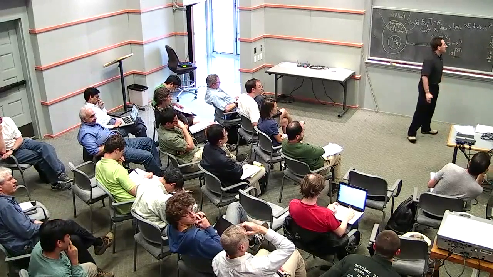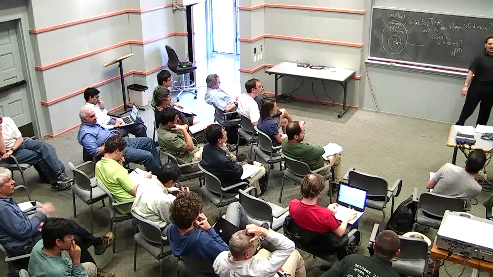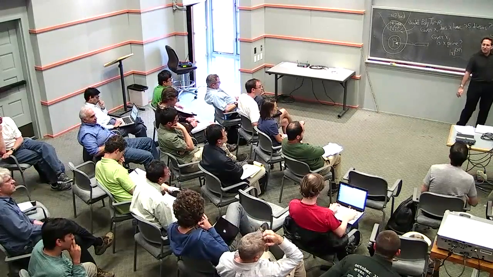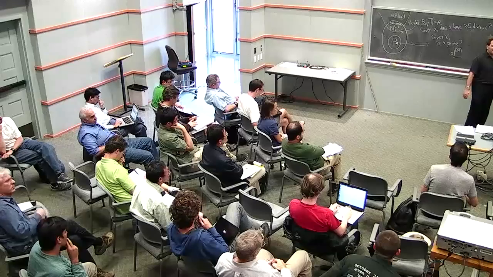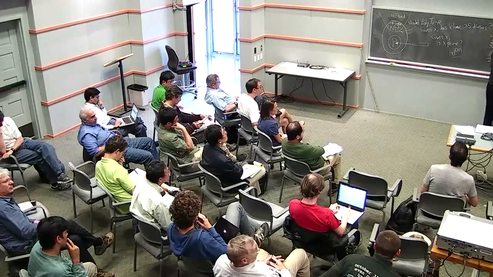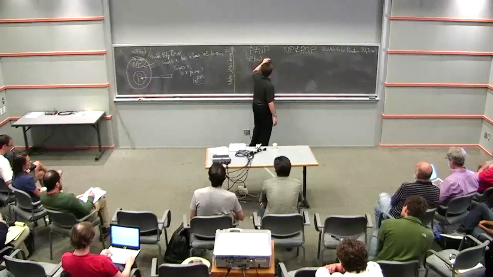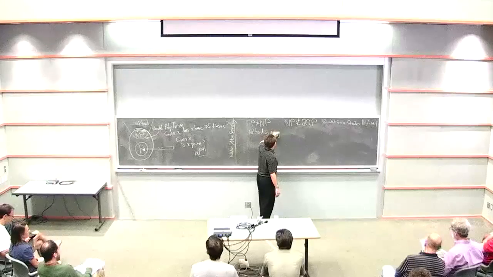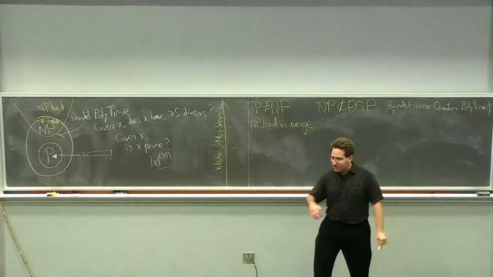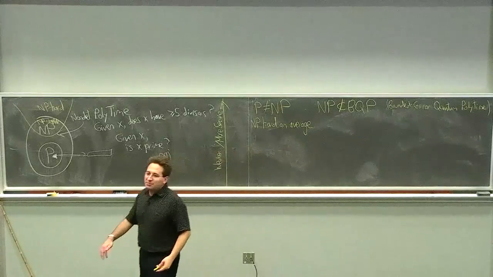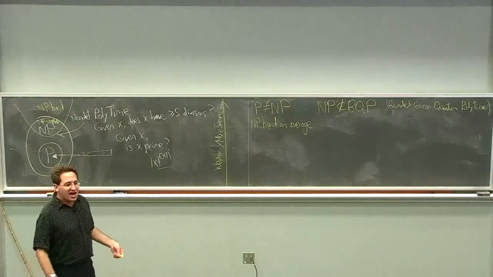But as I said, we can't really get everything that we'd like from assumptions that are this generic. So what else is on the menu? A slightly stronger thing that you could assume is that there are problems in NP that are hard on average.